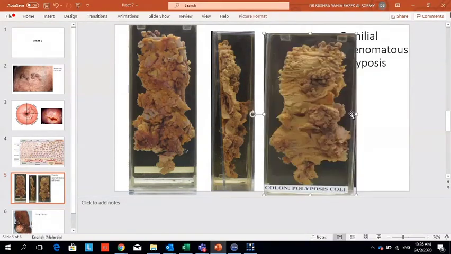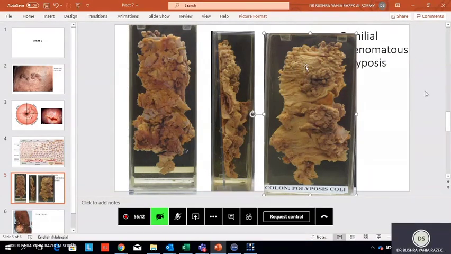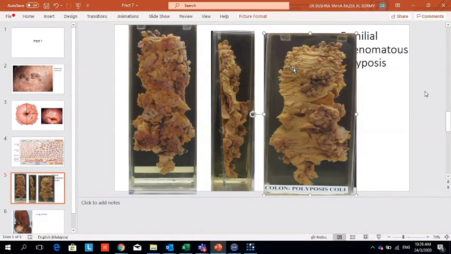Formation of multiple polyps. Yeah, numerous, many, maybe more than 500 polyps. 500 to 1000 maybe. Look at the polyps. Have you seen this one?